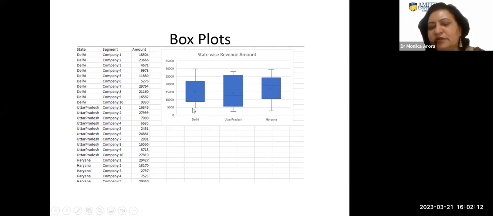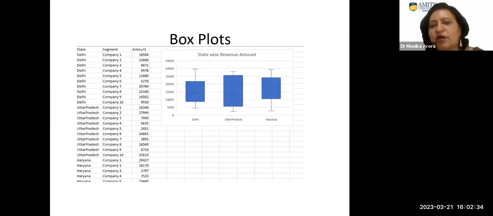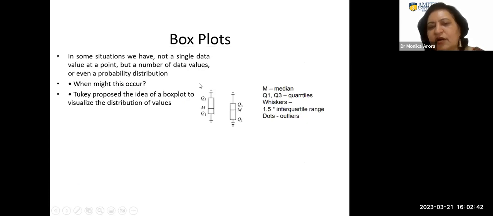The line below is the minimum value, the line above is the maximum value, and the box shows how all the values are distributed, with an average value and a median in it. The top line is quartile 3, and the lower line is quartile 1.